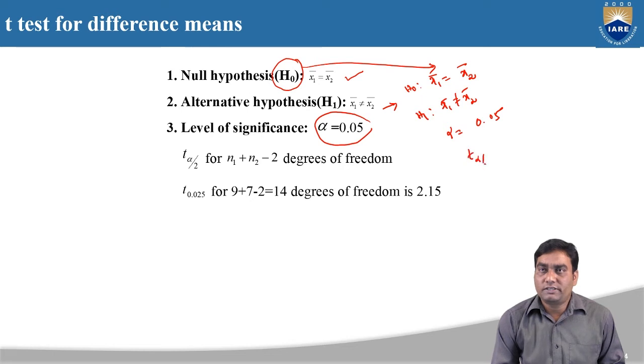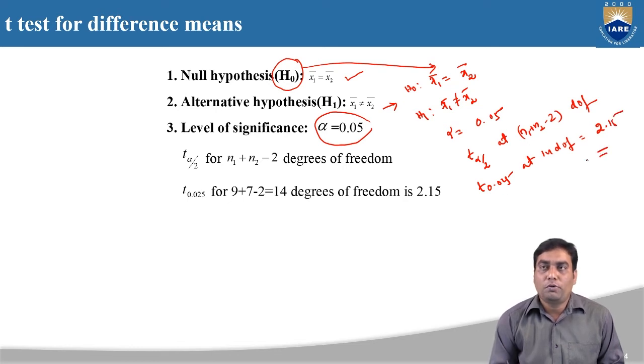Now we can choose t alpha by 2 at n1 plus n2 minus 2 degrees of freedom from the t distribution table. t alpha by 2 means alpha equal to 0.05 by 2, which is 0.025, at 14 degrees of freedom. This value we can choose from the t distribution table, that is 2.15.